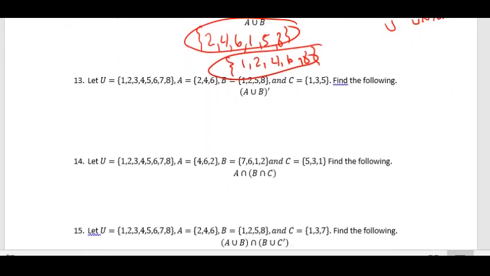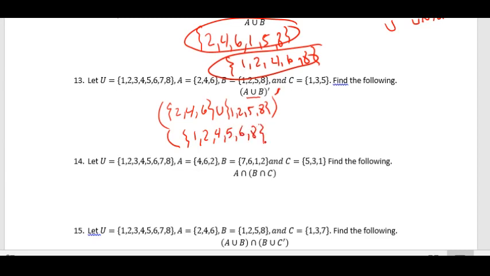Okay, so the next one, you want to do what's in parentheses first. So first, let's write down what A is, 2, 4, 6, and then union B, which is 1, 2, 5, 8, and all of that is in parentheses. Now the union means to put together. So I'm going to have 1, 2, 4, 5, 6, and 8.